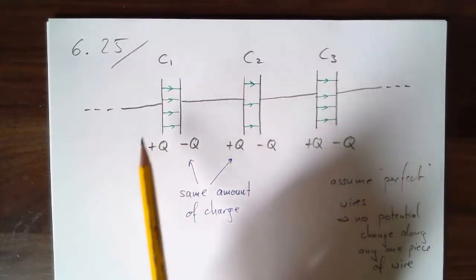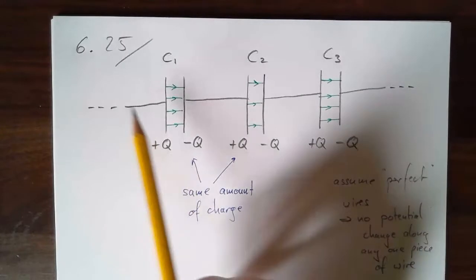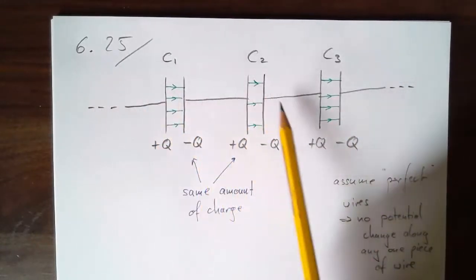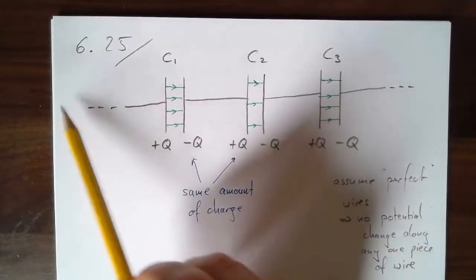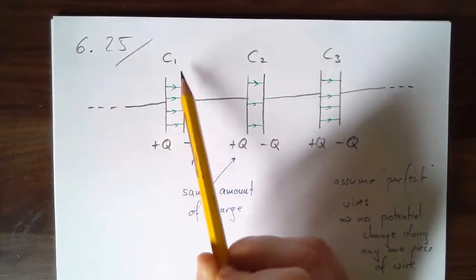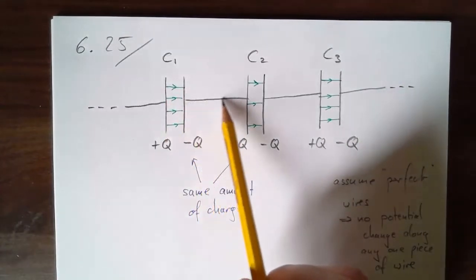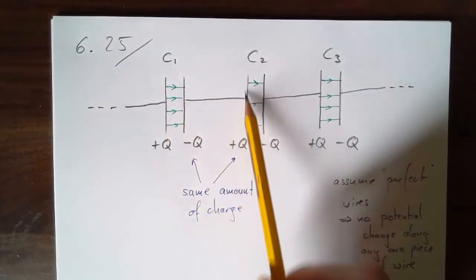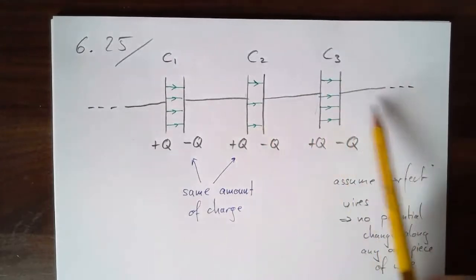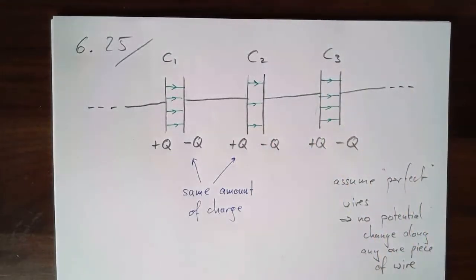So when it says they're connected in series, what this means is that you're essentially connecting them one after another. Maybe there's a battery or something over here, who knows what's happening, but there's a capacitor here, and then one end of this capacitor is connected with a wire to the next one. And then this one is connected to the next one, right? And then it goes and does something else.